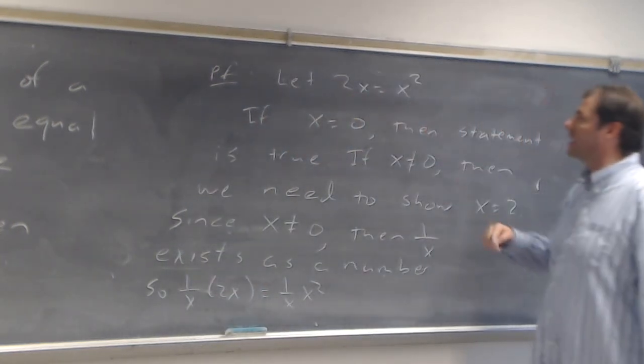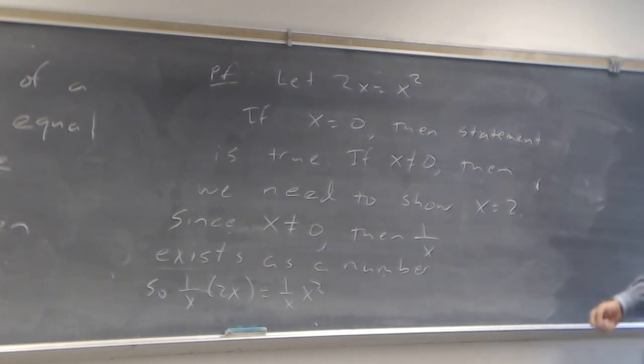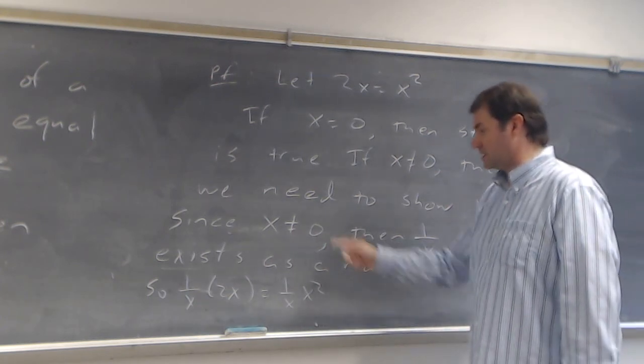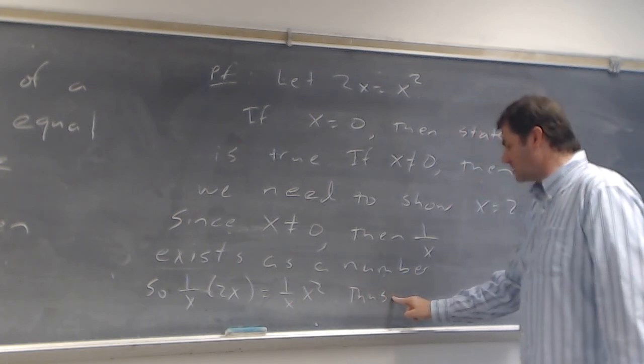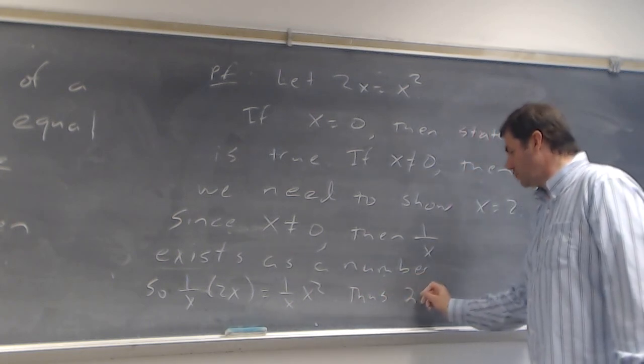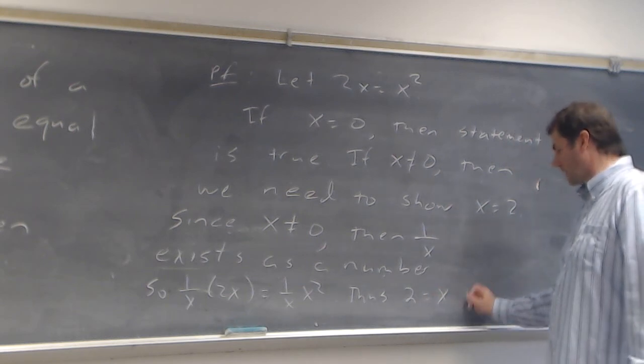Essentially, I'm taking 2x equal to x squared, dividing both sides by x, because I know that x isn't 0 in this case. Thus, what that says is that 2 is equal to x, and that's what we need to show.